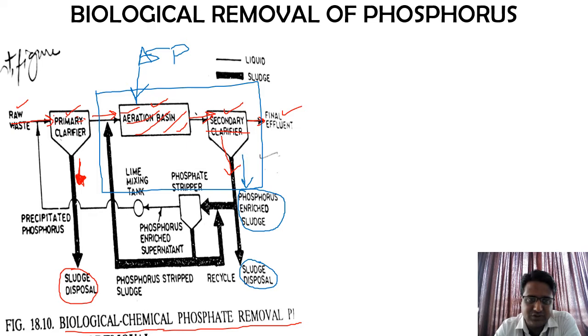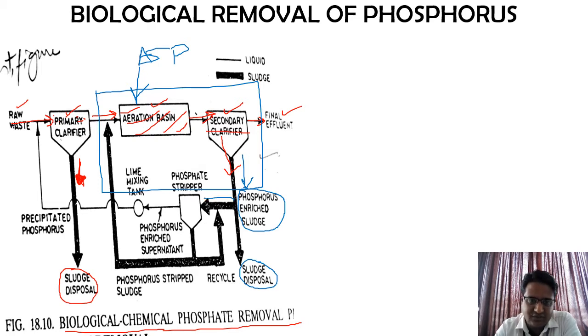The reason is that once we go through the primary clarifier, aeration and secondary clarifier, the phosphorus becomes concentrated, based on the microbial activity, and comes to the sludge part. So here we have phosphorus enriched sludge.